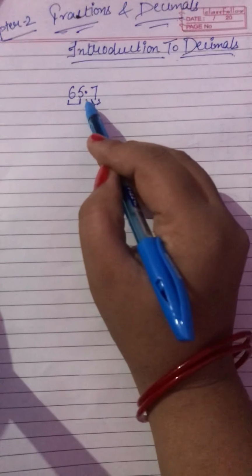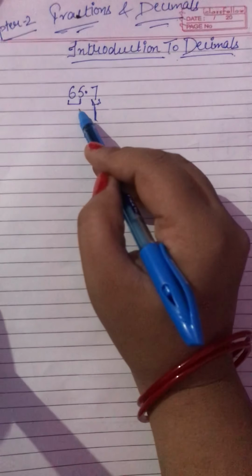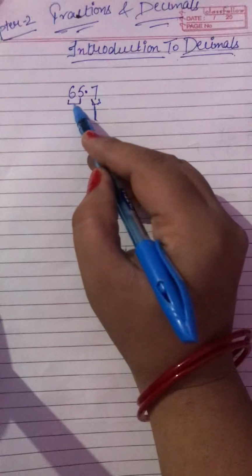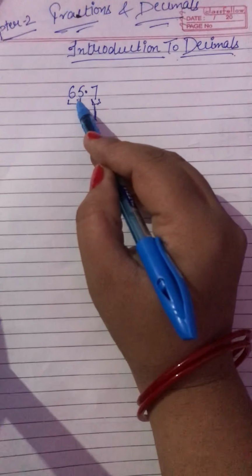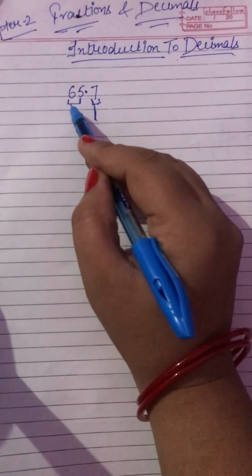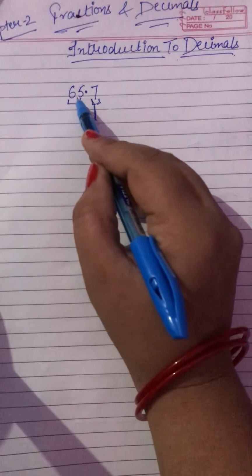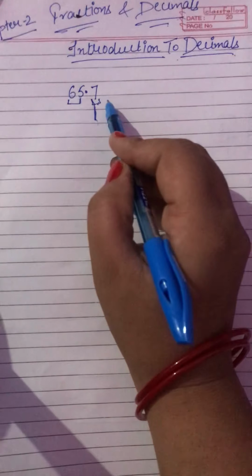What is a decimal number? A number which involves a decimal point is called a decimal number, a number that contains a whole part and a fractional part.